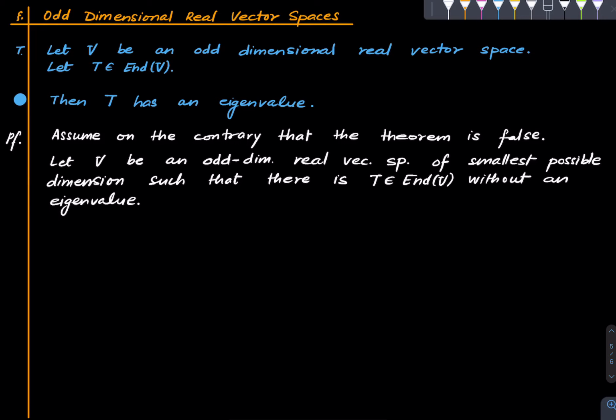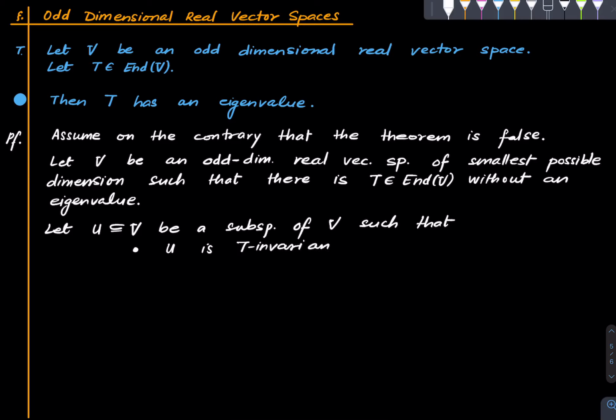Okay, so by the previous result, we have a subspace of V such that it has two properties. U is T invariant, and second property is that dimension U is equal to 1 or 2.